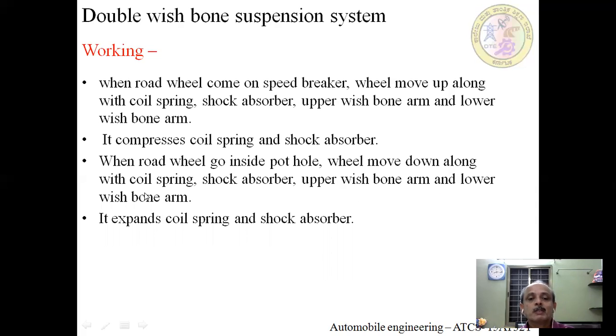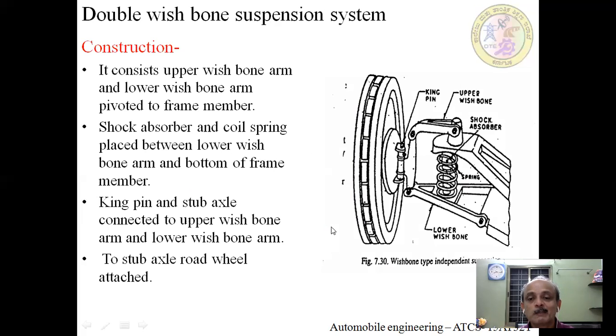So what does it make? It expands the coil spring and shock absorber. In the sketch you can see here, the coil spring expands and the shock absorber also expands. That is the overall meaning.